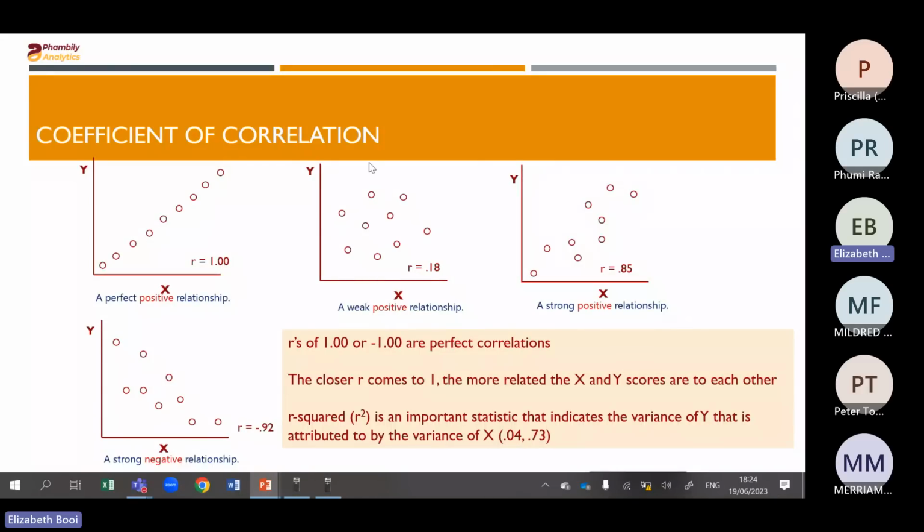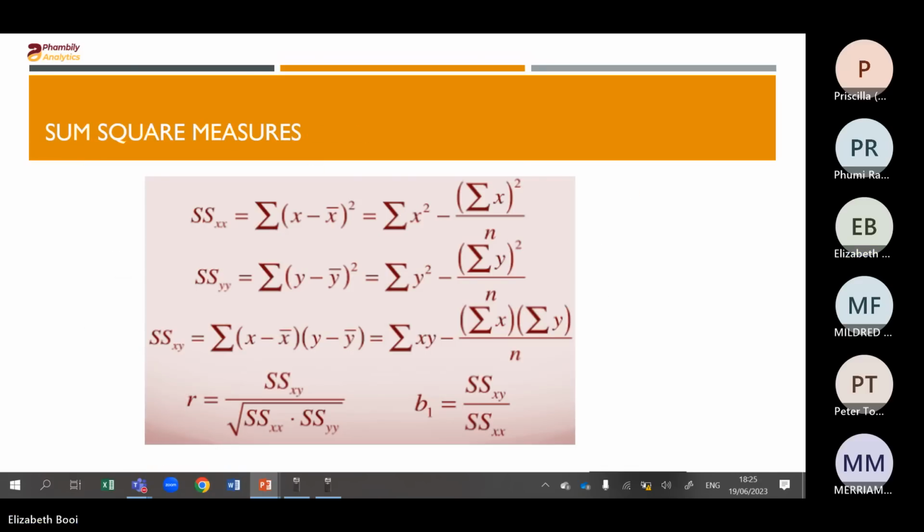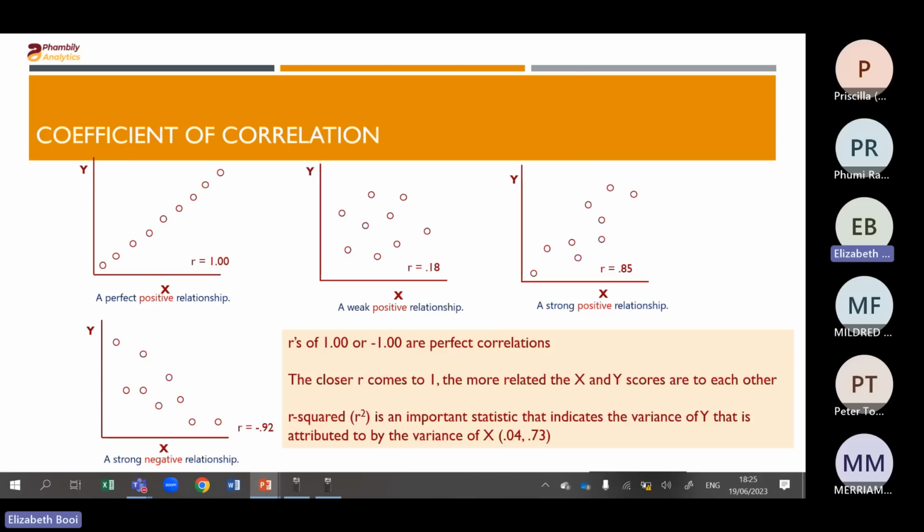If the data points are scattered all over, and you calculate your R and you find that it's 0.18, then we say it's a weak positive relationship. And there is a strong positive relationship, and a strong negative relationship. However, I see that I don't have a graph that shows you the range between the values.